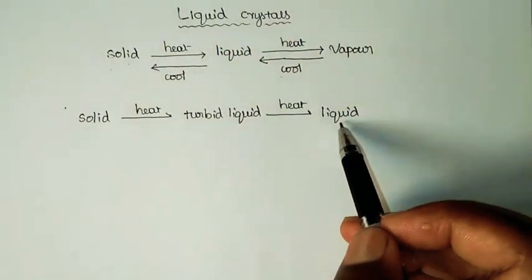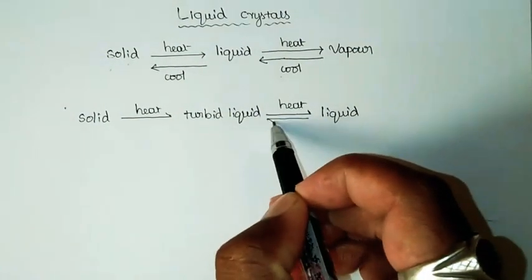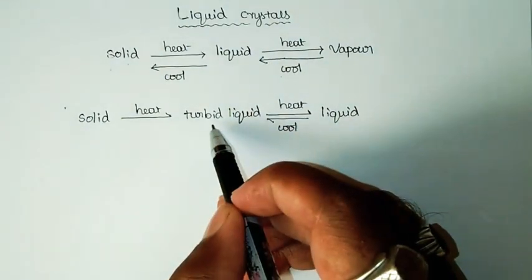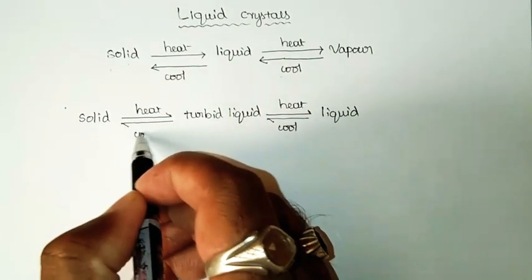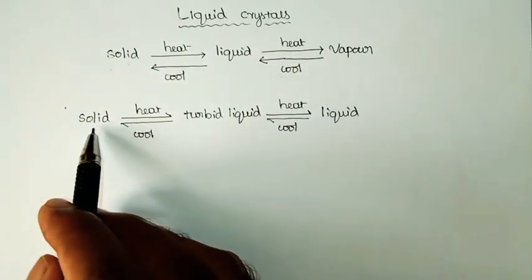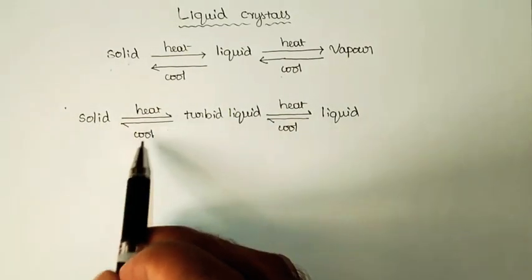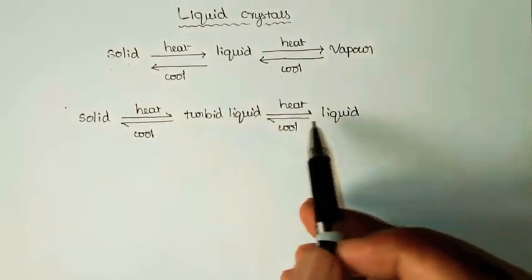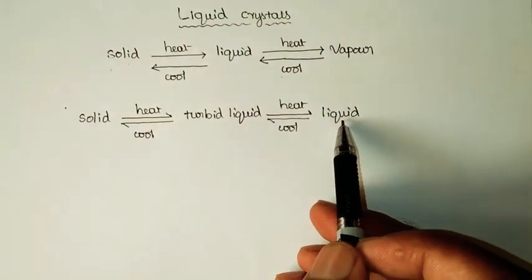When you subject the true liquid to cooling, it again changes into the turbid liquid form, and the turbid liquid on further cooling changes into the solid state. The temperature remains the same for the interconversion of solid and turbid liquid, as well as for the interconversion of turbid liquid and the true liquid form.